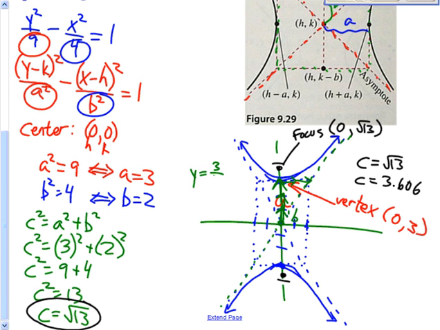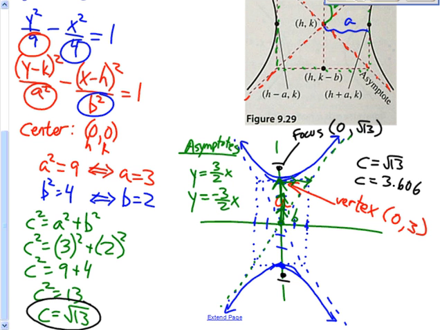Up 3, over 2, y-intercept is 0. That's one of our asymptotes. Of course, the other one is going to be down 3, right 2. There's the other one. Okay, and you notice that that is plus minus a over b x.